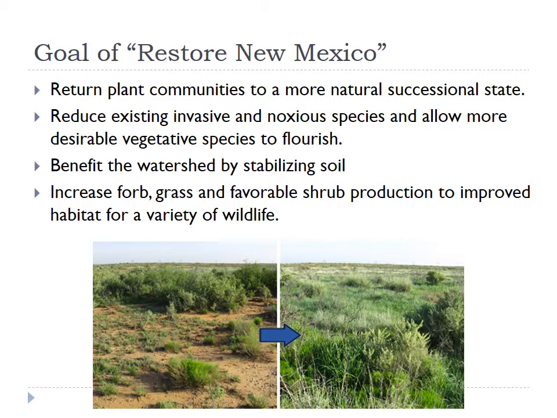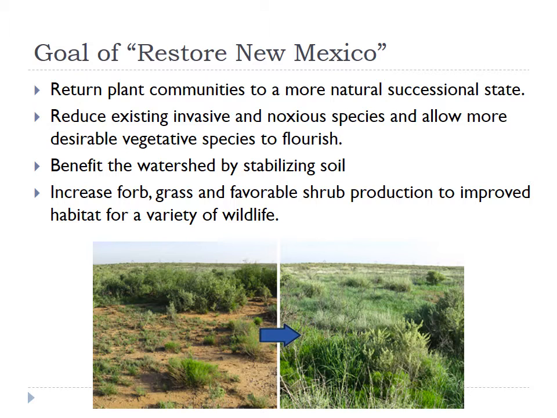One of their overall goals was to benefit watersheds and stabilize soil conditions, because without grasses in those desert communities, often there's a lot of soil loss. And the bottom line is they really wanted to increase the forbs and grasses, the herbaceous vegetation, and the favorable shrubs to improve wildlife habitat.